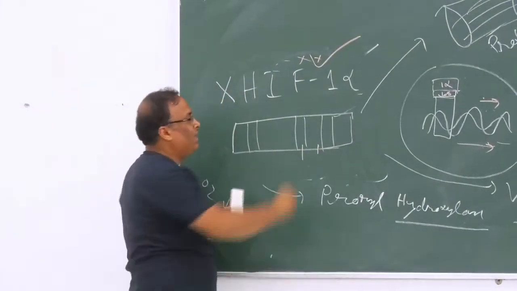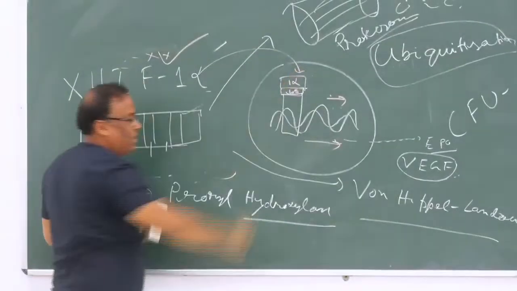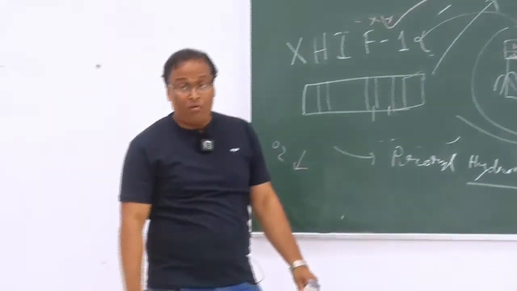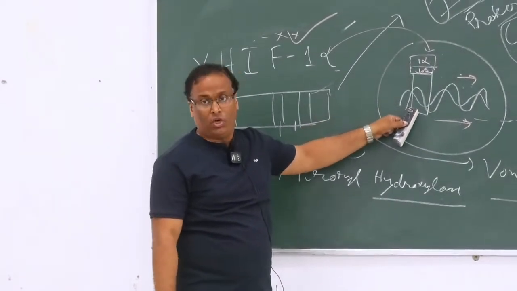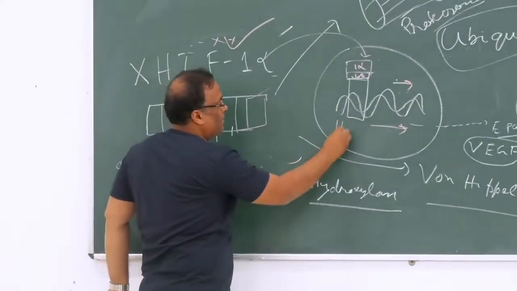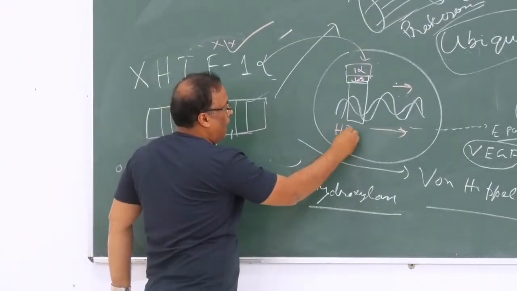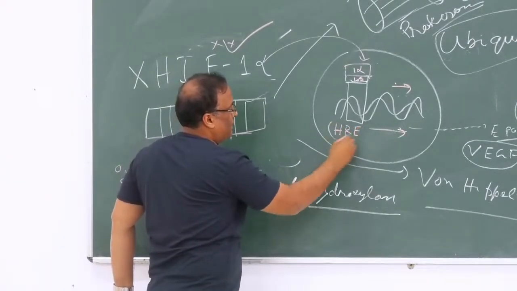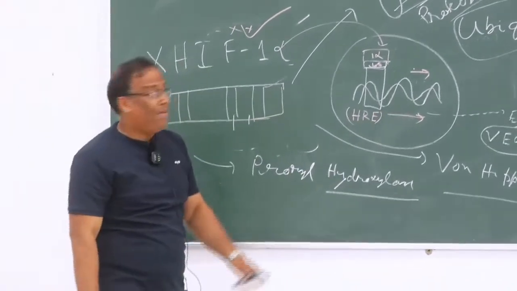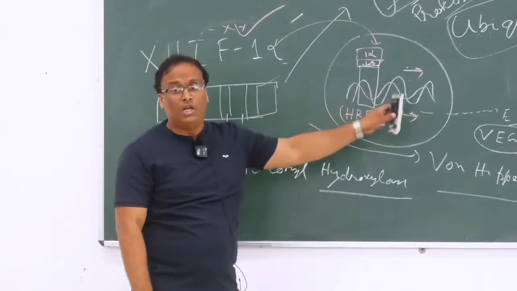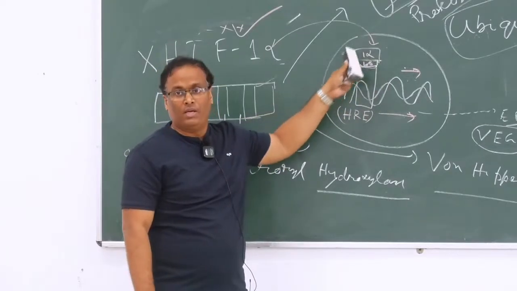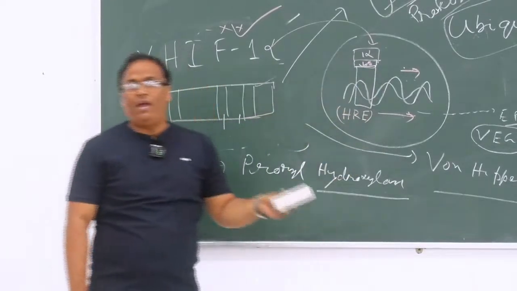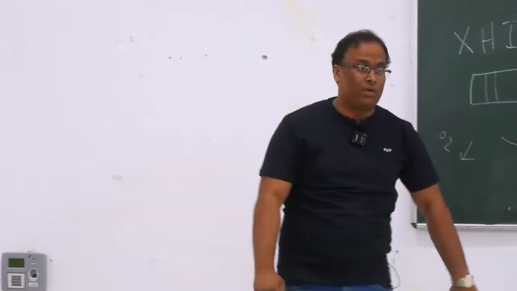If it is present, it goes inside the cell to bind the 1 beta residue and connect to the promoter region, the hypoxia responsive element of the EPO gene. Only when 1 alpha and 1 beta are connected to each other will it act as a transcription factor.